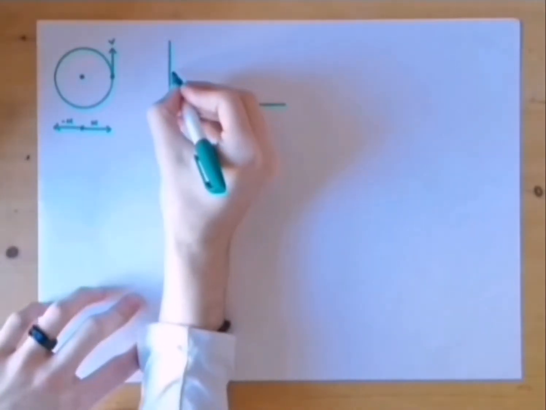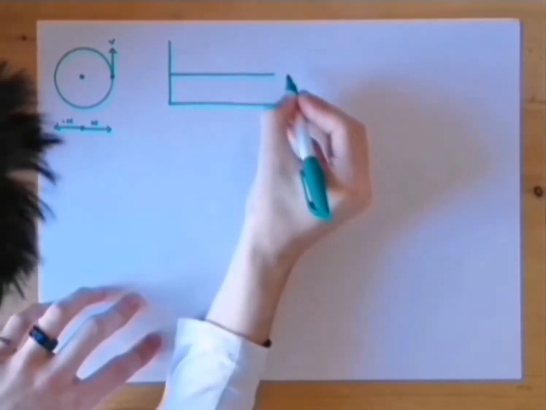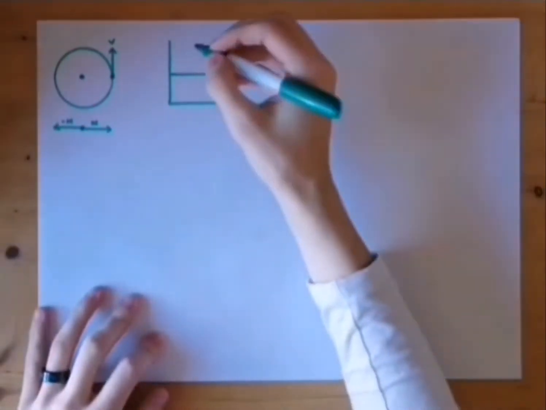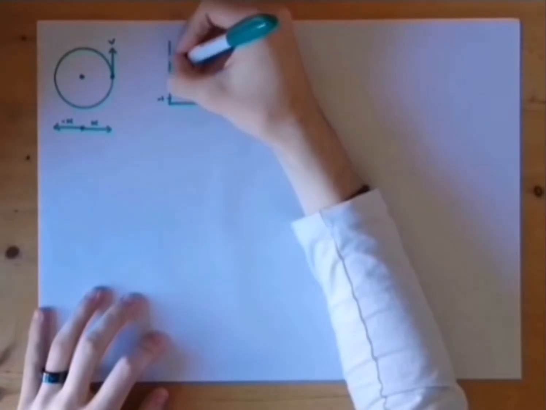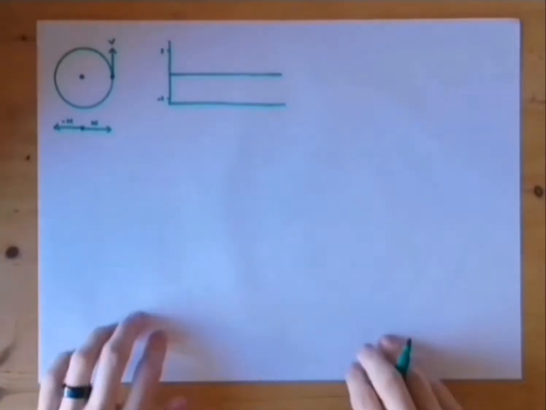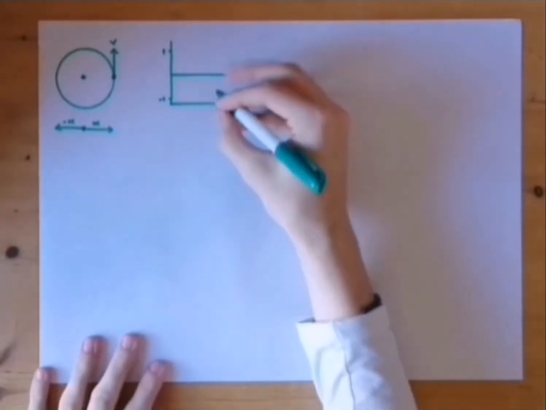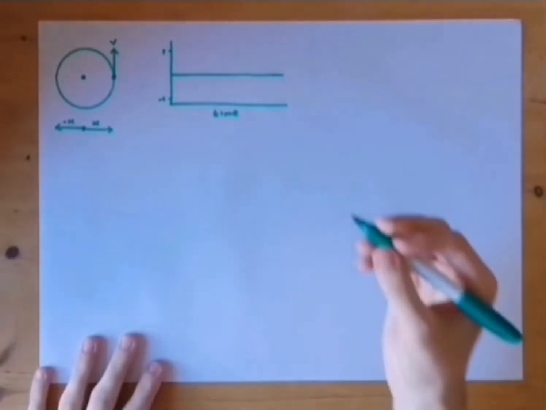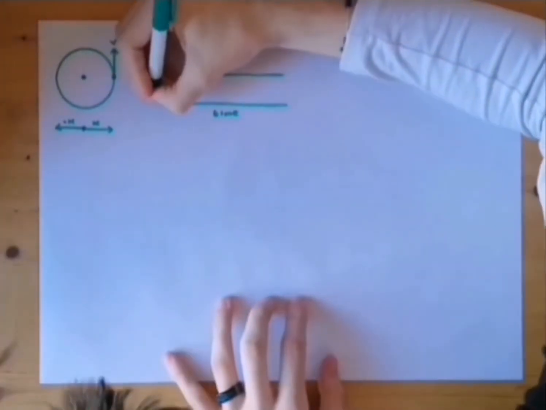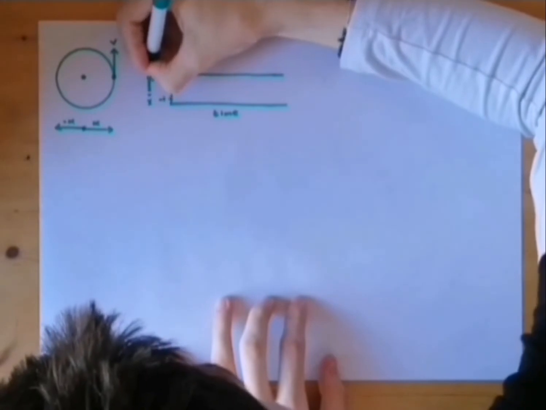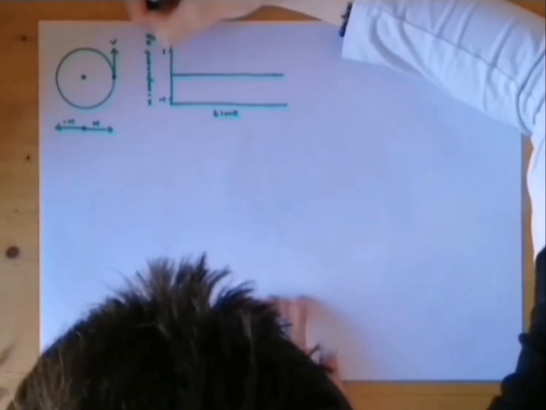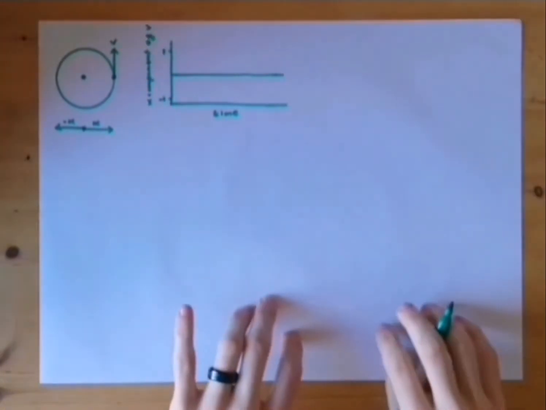Let's draw a graph so we can plot some points. The graph needs a midway point to represent the change from positive to negative velocity in the x direction. Along the bottom we have time, and at the side we have the x component of the velocity. So putting it simply, how much of the velocity acts in the x direction.